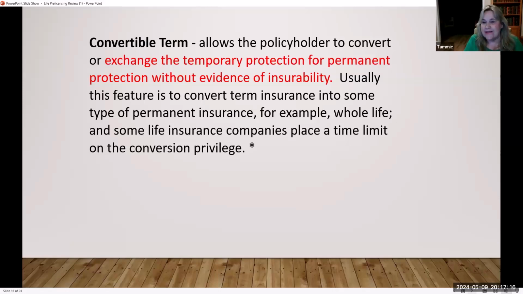So your term policy has a renewable in it where you can just keep renewing it, but of course that premium is going to go up, but the death benefit stays the same. Or you can convert it to a permanent policy. You never convert term to term. You never convert permanent to term. You always convert term to permanent.